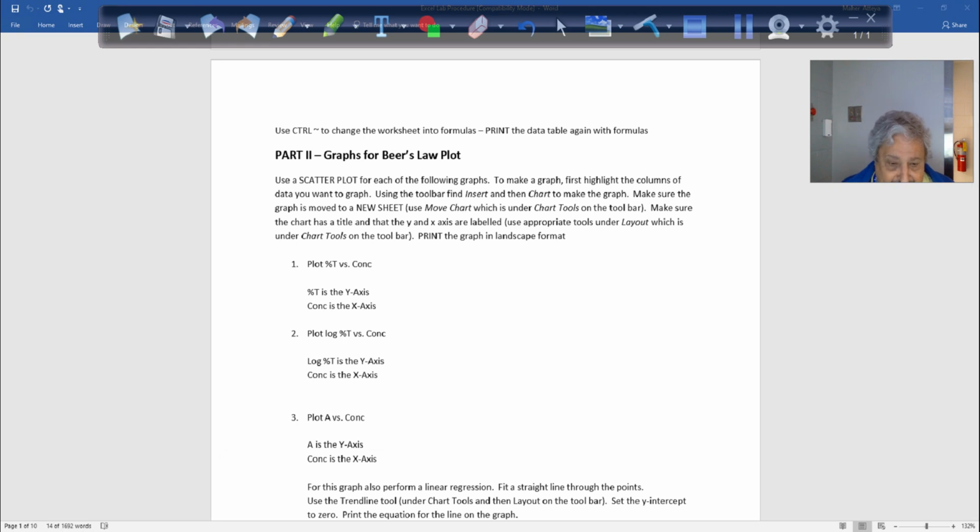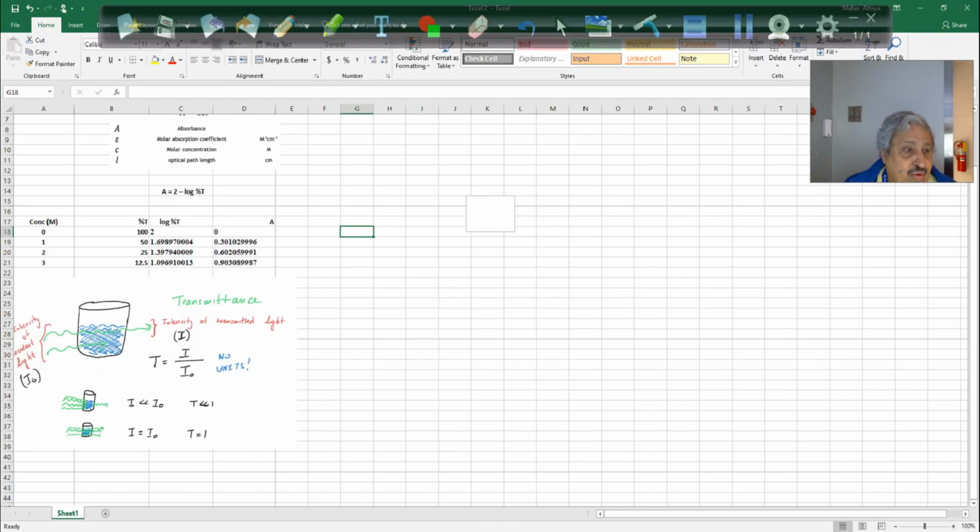Well, we'll come back to our work here. This is always the first you start. This is my x-axis, and this is my y-axis.